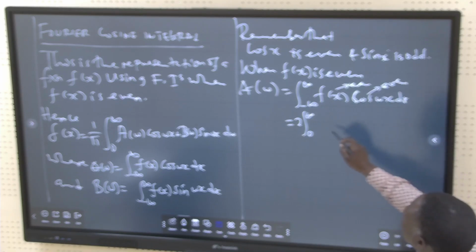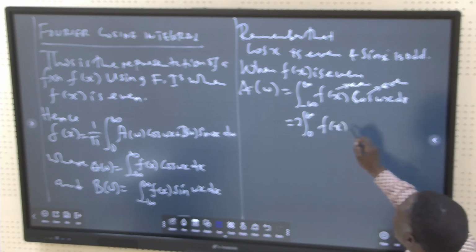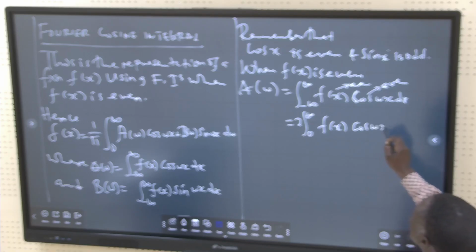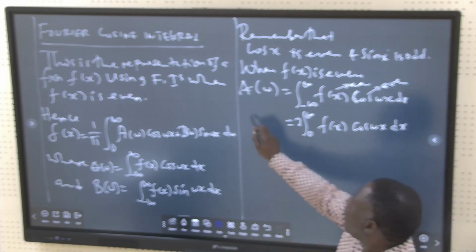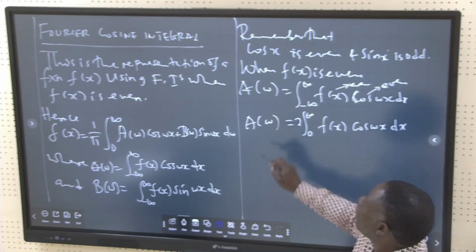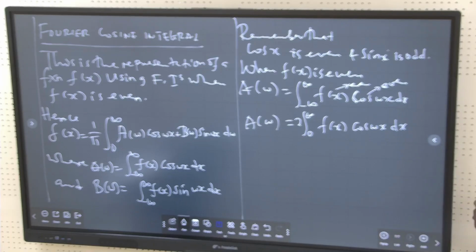Even times even is even. So this is how the Fourier integral coefficient a omega will be given.